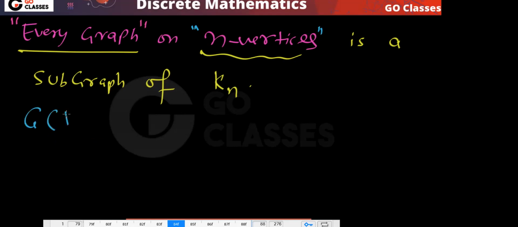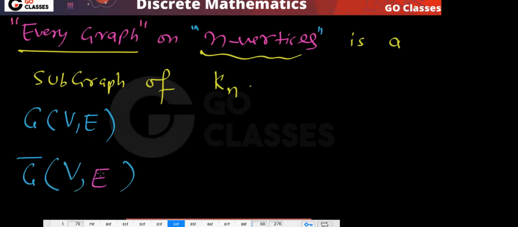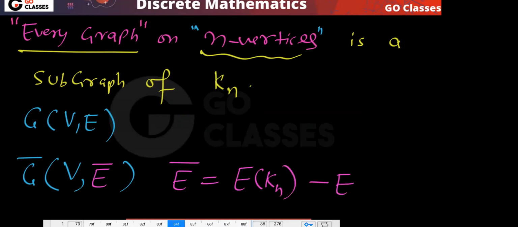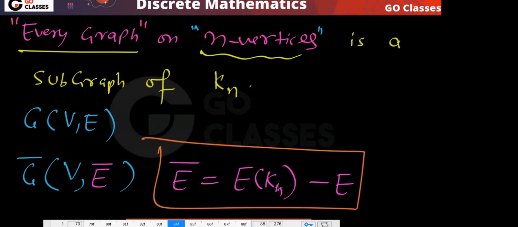If you have a G which is (V, E), then G complement will have the same vertices, but the edges will be complemented. The edges will be the edges in Kn minus the edges in E.